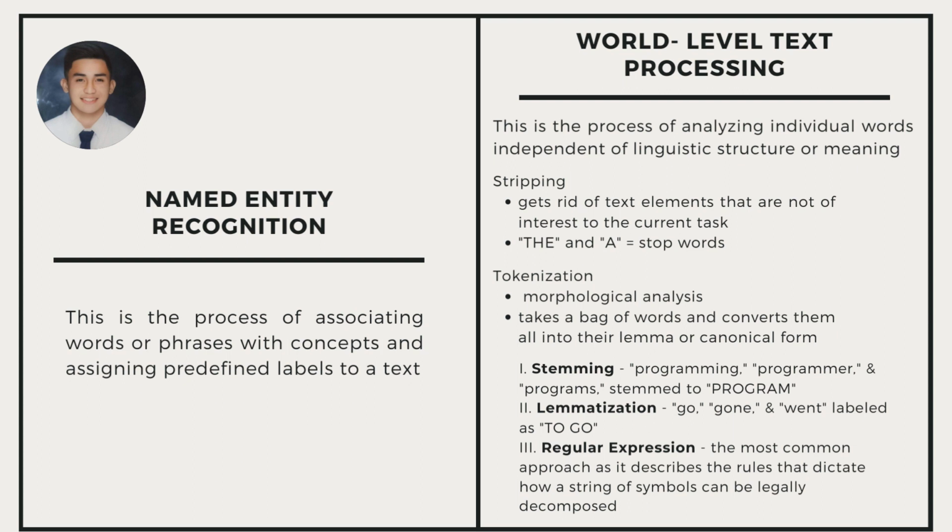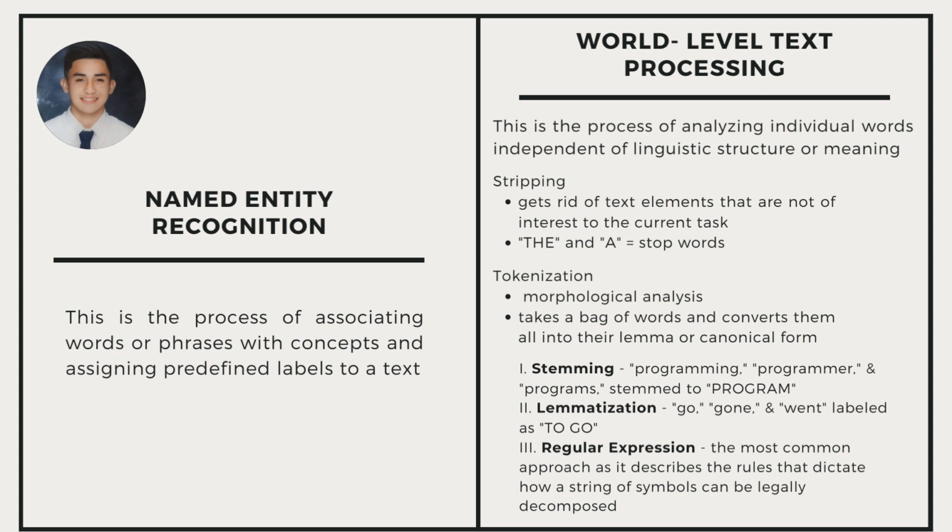The next step is known as tokenization, or also known as morphological analysis, which takes a bag of words and converts them all into their lemma or canonical form. This includes three types. The first is known as stemming, which converts different variants of a word into their common stem.